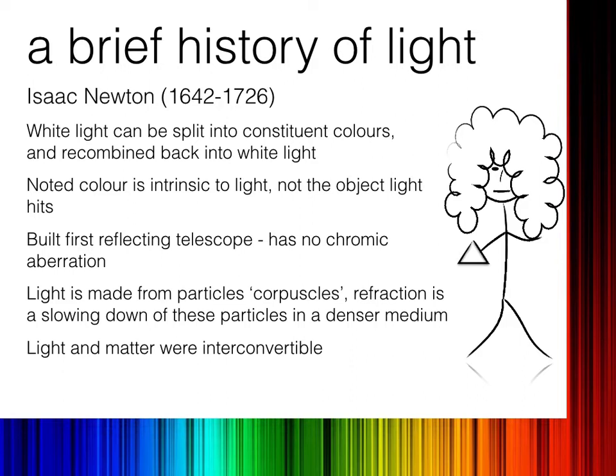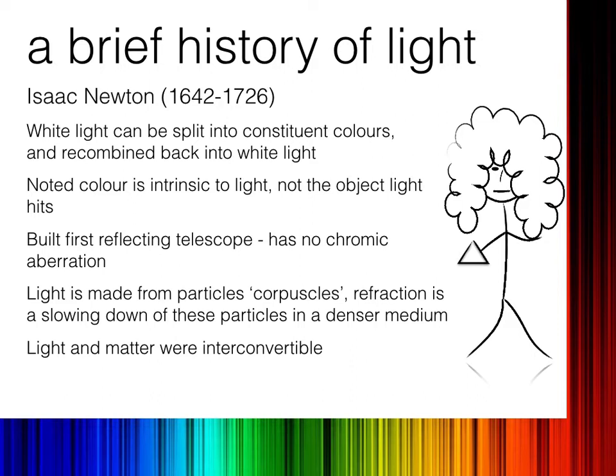There were all sorts of religious superstitions at the time which basically said white light was pure and you couldn't make white light. So this was quite a big change in our understanding when Newton worked out with a prism that you could recombine the spectra.